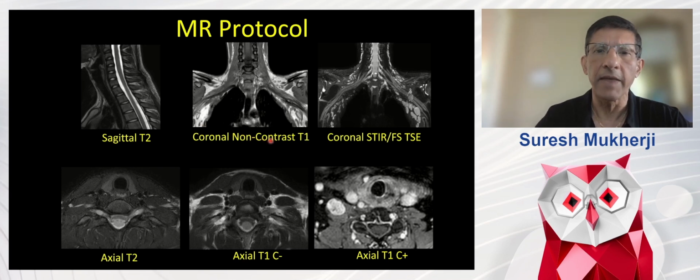Then I do a coronal non-contrast T1 weighted images, which to me is an incredibly important sequence. We will talk about the STIR or the fat suppressed T2 TSE sequences. Again, this terminology varies by the vendor. I always do an axial T2. I do a T1 without contrast and then a T1 with contrast. So these are my base sequences.